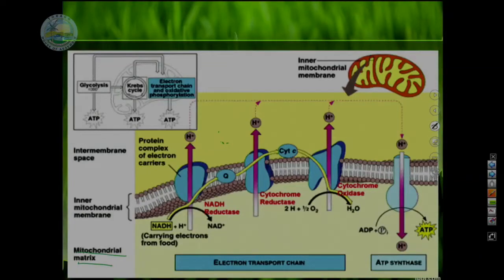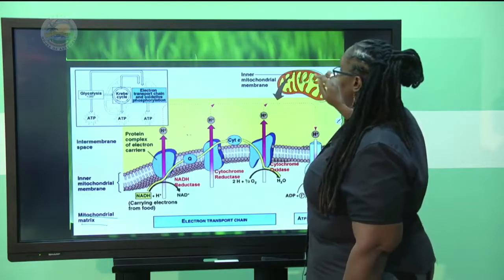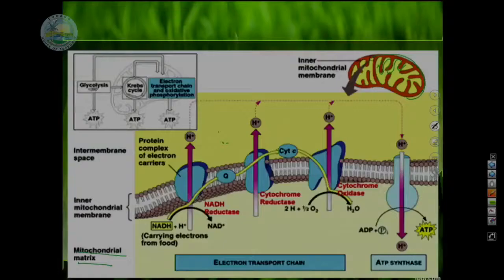As we can see, if we look at these two diagrams, this is occurring in the inner membrane, the cristae, right? This inner membrane is where these reactions are taking place. The outer membrane of the mitochondria is out here, right? And so there's a space between the inner membrane and the outer membrane.